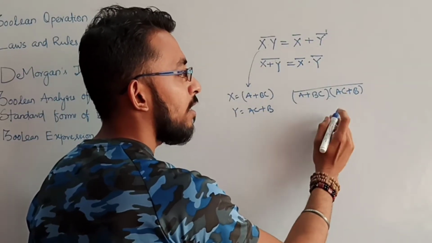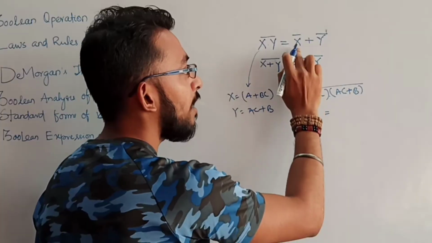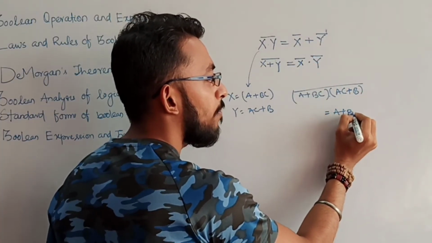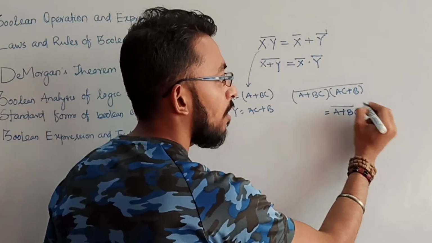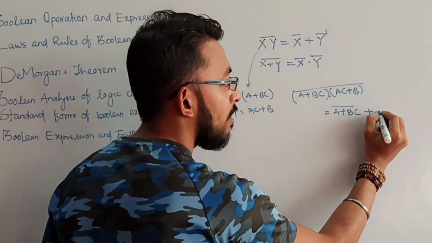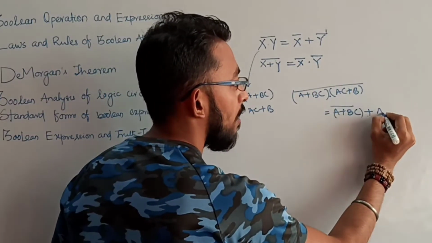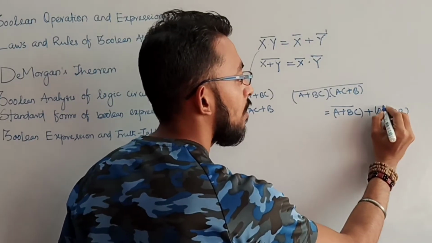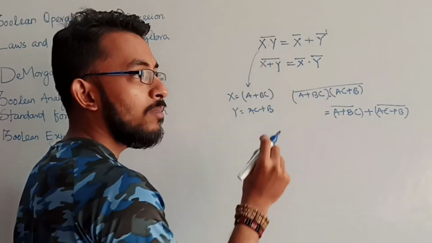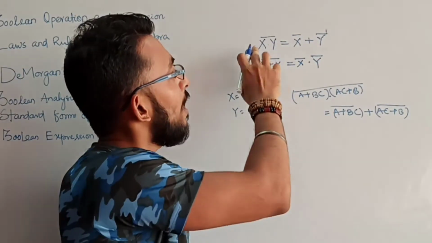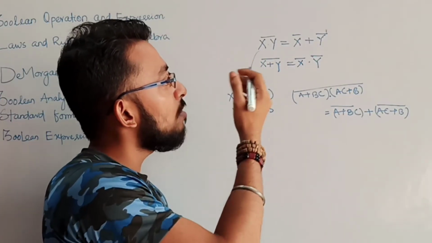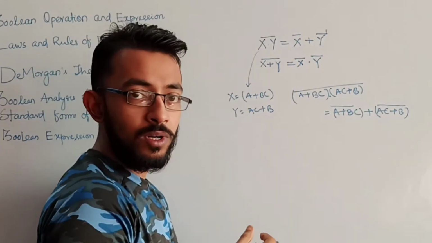Then I can write it in this form, the complement of each term with a sum: a plus bc whole bar, plus, this dot converts to plus and the whole complement is divided into two parts, and the second term is ac plus b whole bar. So x and y do not have to be only one variable. My x plus y can be any number of variables.